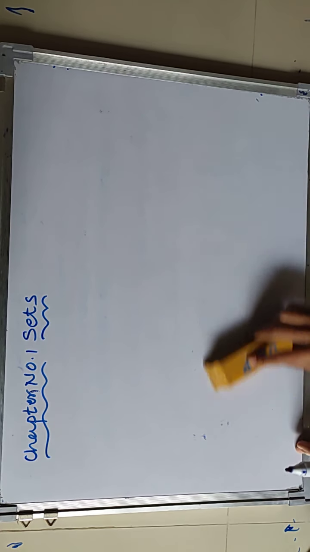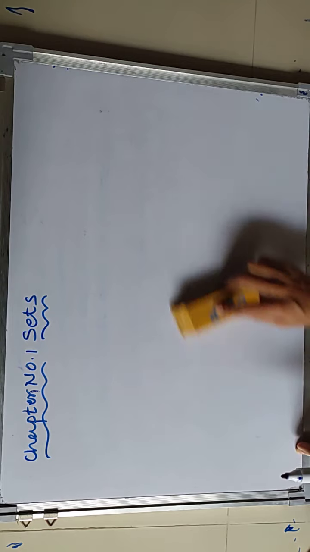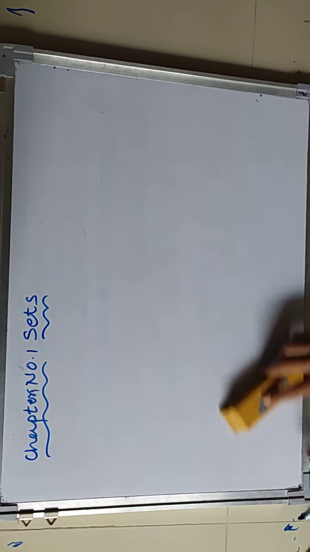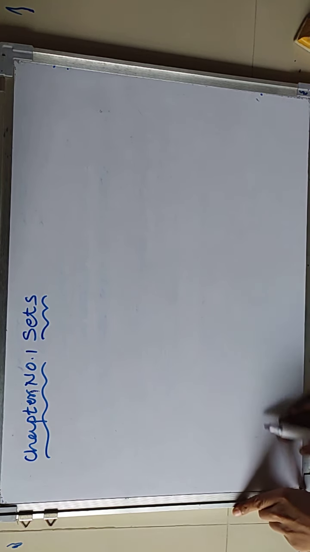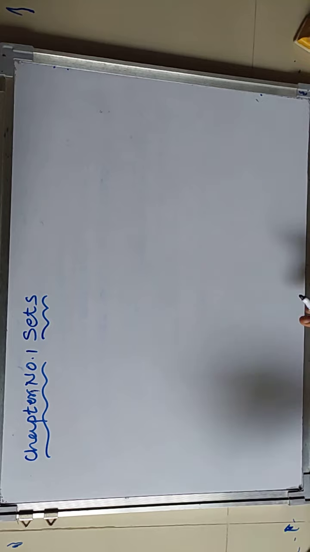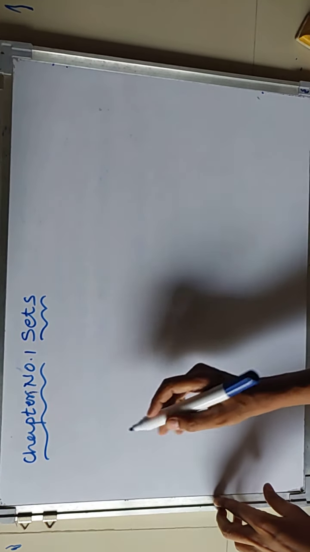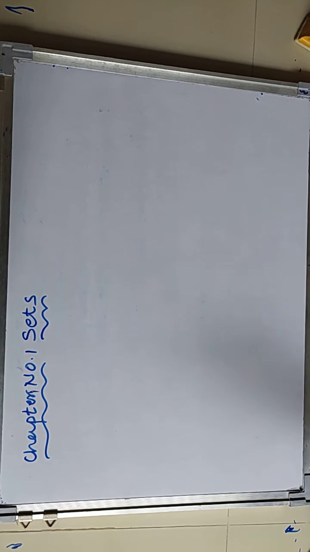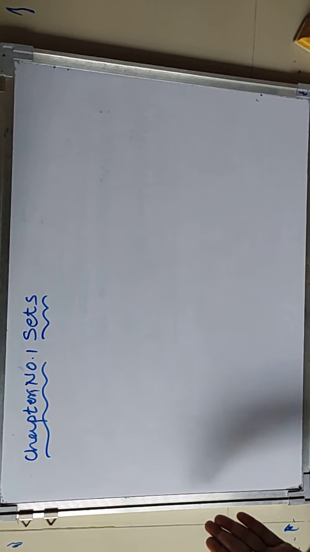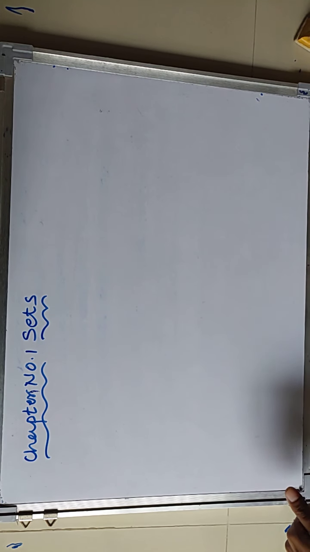Now recall that here I gave some numbers: natural numbers, then whole numbers, integers. Then how to write these numbers in the form of a set.